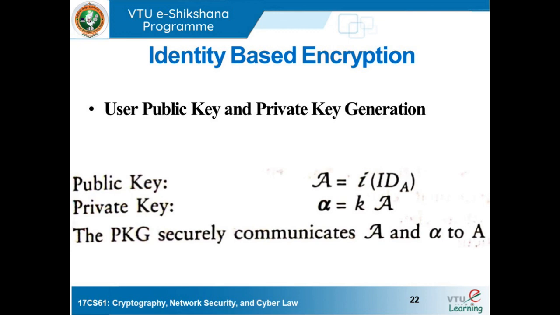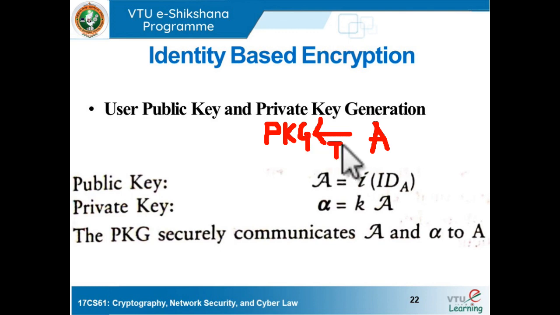According to the second step of the algorithm, we have seen that the client A is the client who requests the PKG for the private key. Now during this request, what does the client do? The client, which over here is A, will send its email ID.